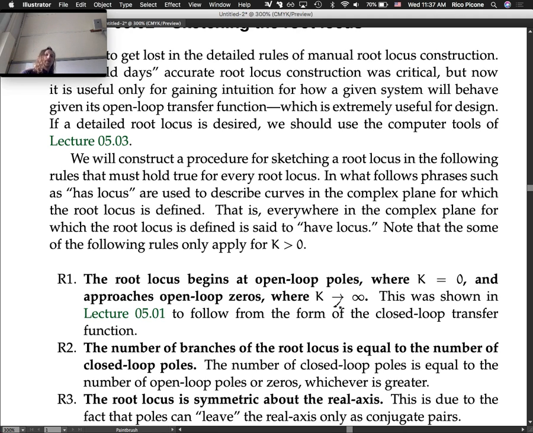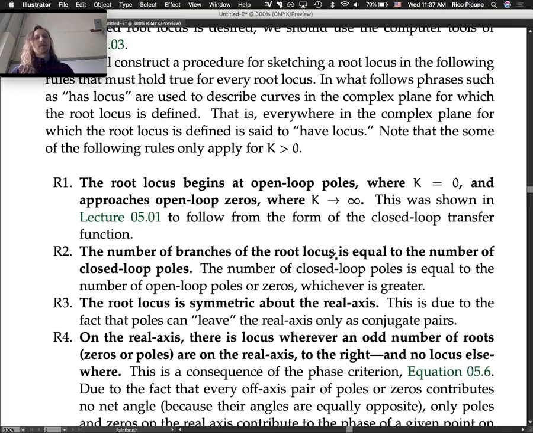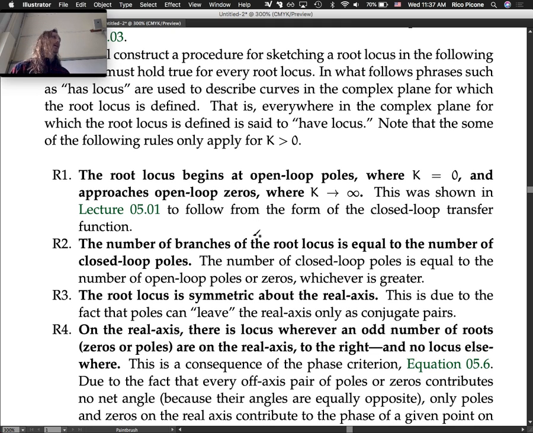Note that some of the following rules only apply for k greater than 0, so for positive gains. If you want a negative gain root locus, these rules don't all apply. There is a separate set of rules for negative gain ones you can find in the Nice textbook, but I don't think it's super useful to learn. This is the one that we use almost all the time.